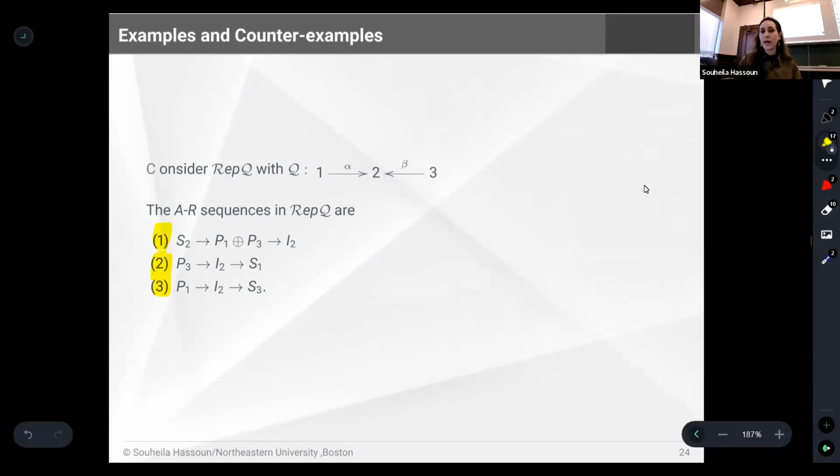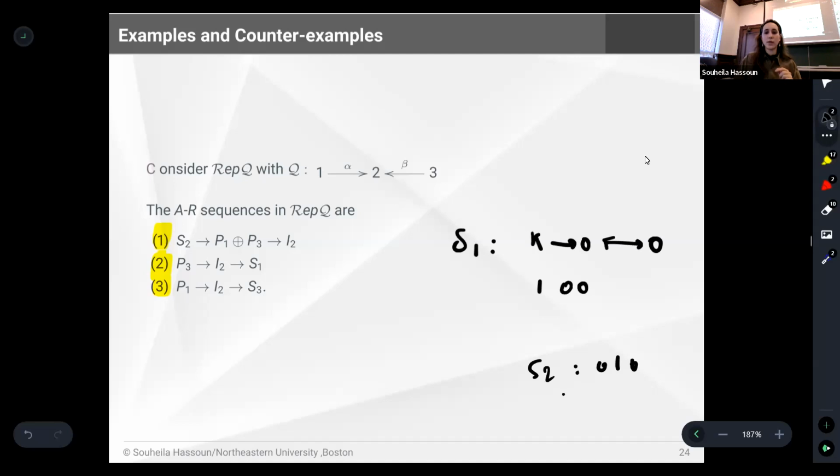So S1 will be K, 0, 0, so 1, 0, 0. It's the simple one. And S2 will be 0, 1, 0, and S3 will be 0, 0, 1. And so 1, 2, 3. So each time we take one of these.